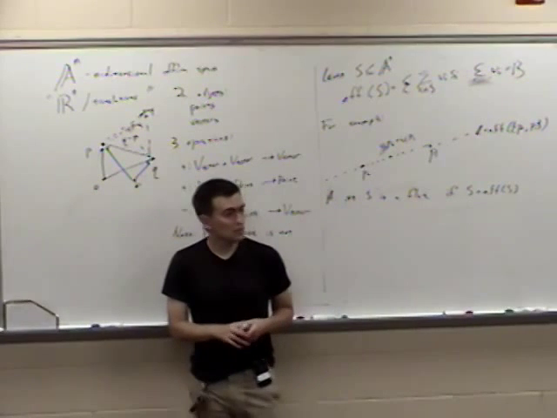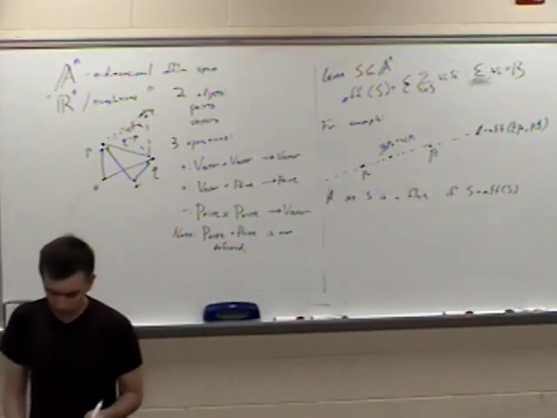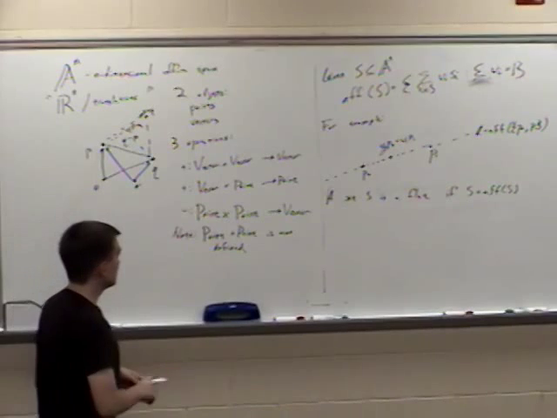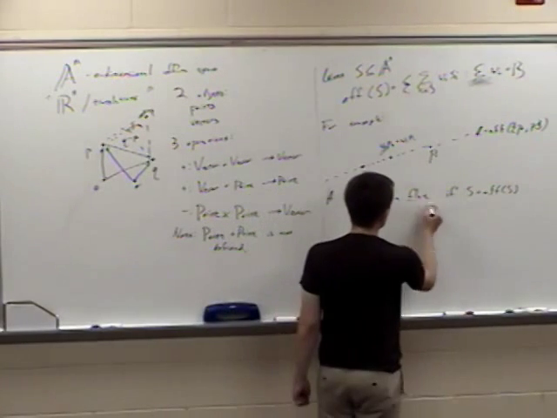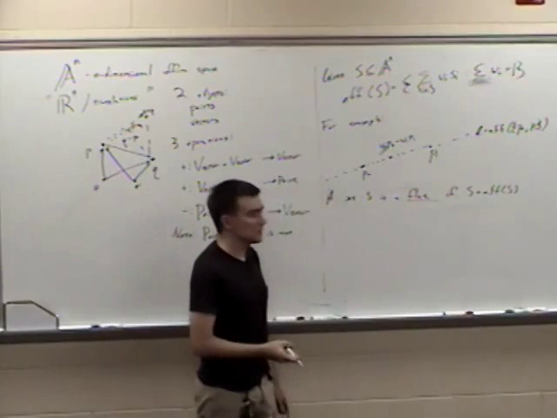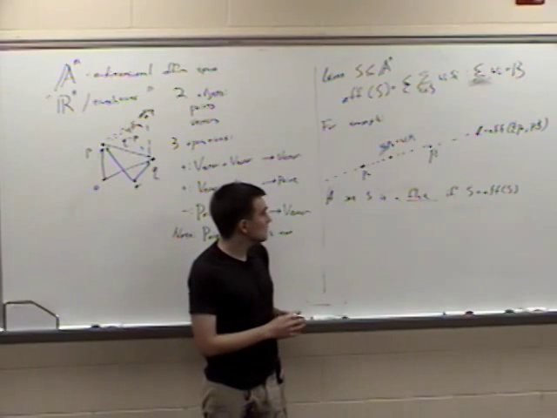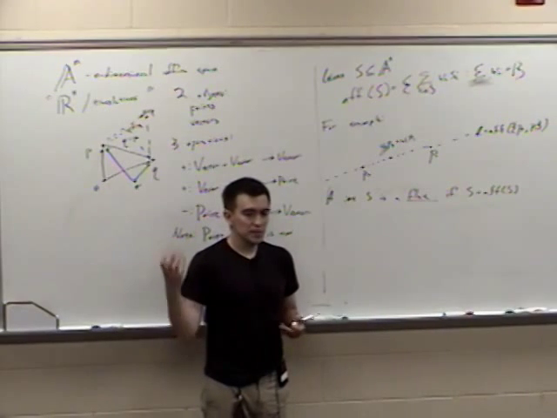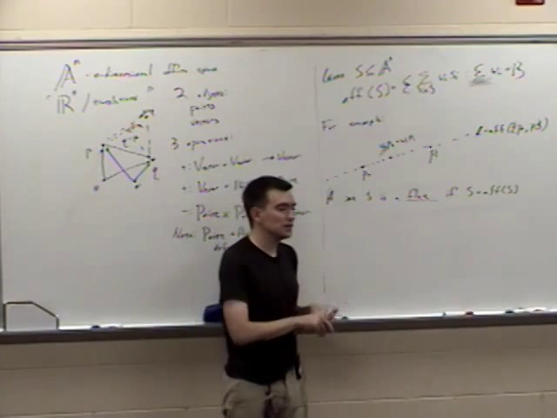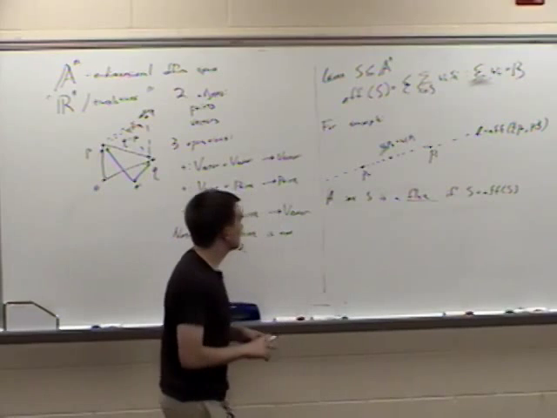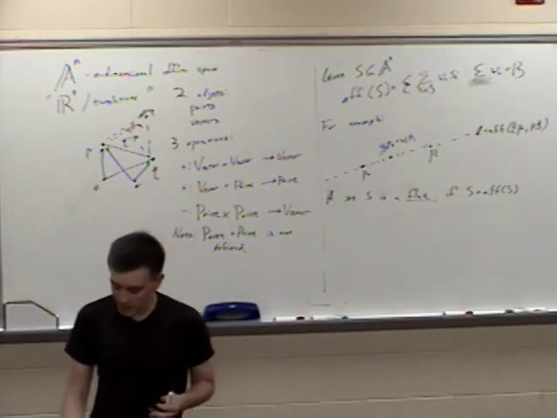All right? And so flats are basically like lines, planes, and so on. And to each flat, we could find some smallest set of points which would generate this flat. All right? So we could think of this as like being a basis.